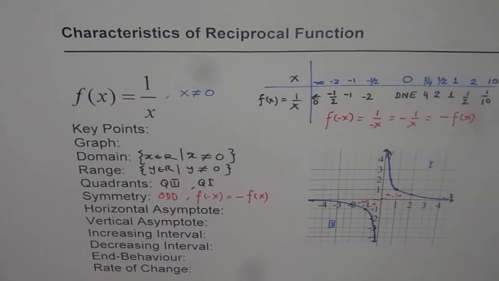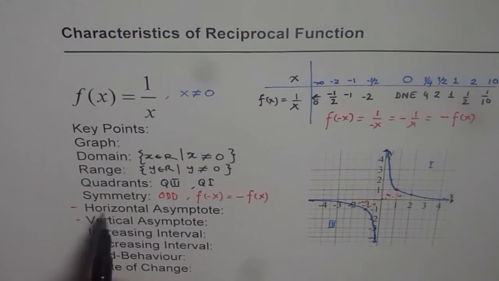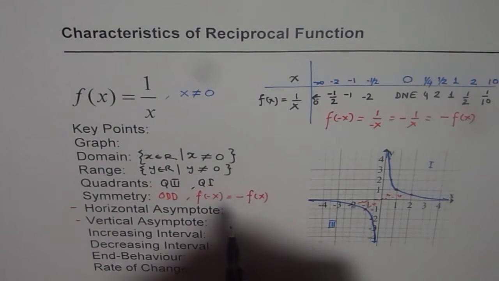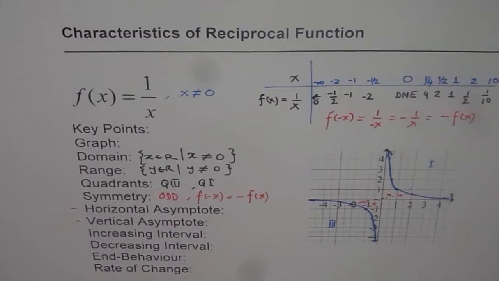Now when we are understanding properties of the reciprocal function, we come across these two important things, which are horizontal asymptote and vertical asymptote. What do they really mean? Horizontal asymptote really means that if x is approaching negative or positive infinity, what happens to the y value? Does it approach a value?